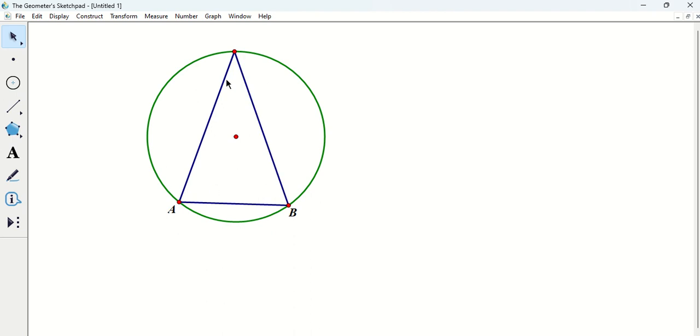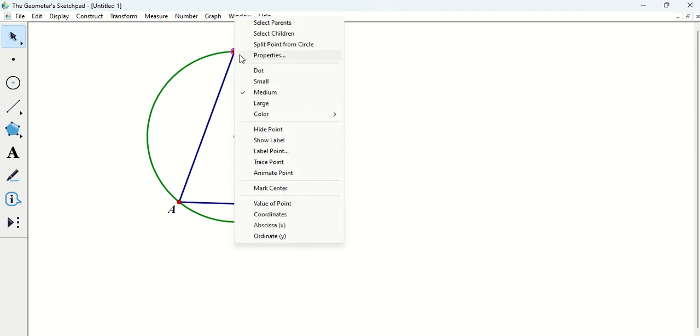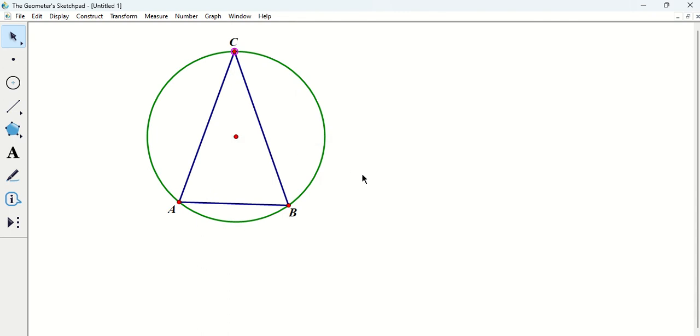So I've subtended the angle C using chord AB. So now I want to measure the length of angle C. Here's my angle. My angle is 38 degrees.